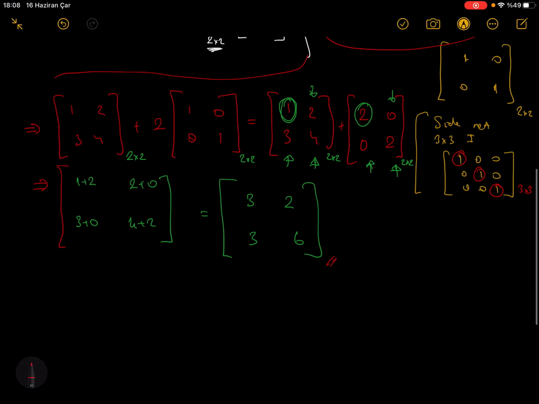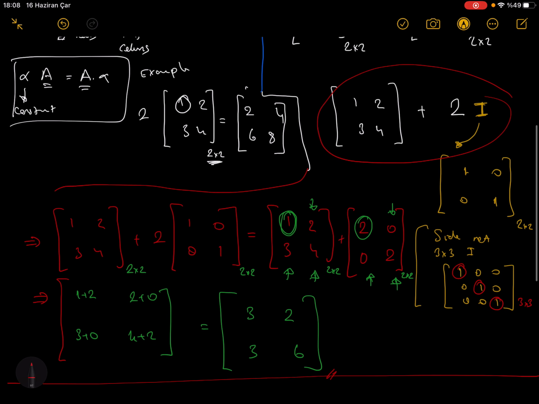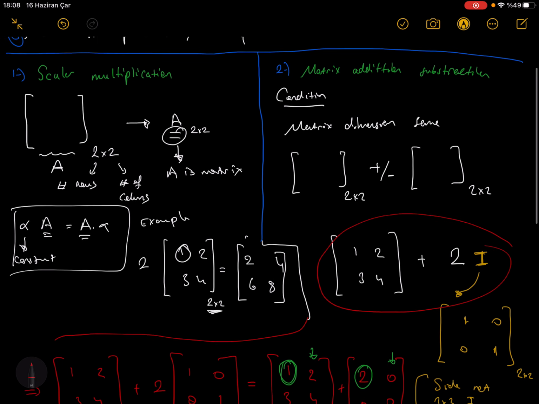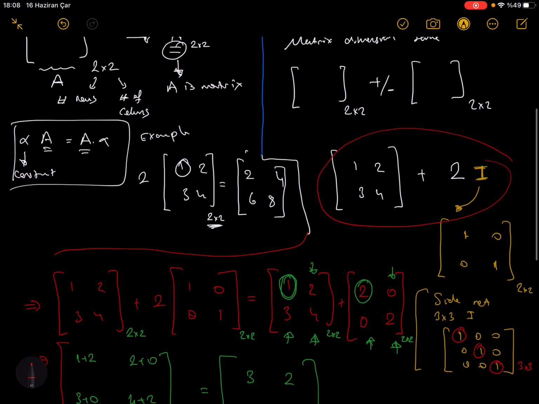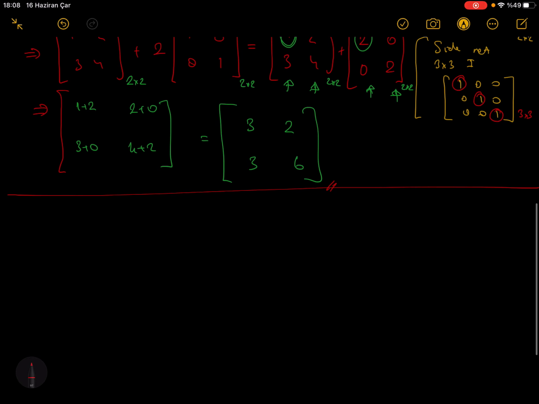The third one is the most important one, but I am not going to show it because we covered a lot. In the next presentation, I am going to cover matrix multiplication and the dot product. So for the headlines, just to be sure we understand all the topics: for scalar multiplication, just multiply each cell by the corresponding number, okay?